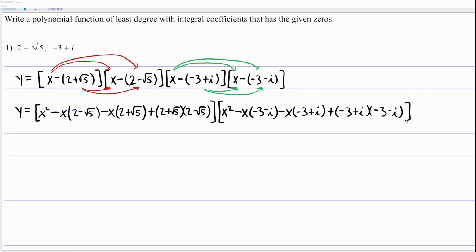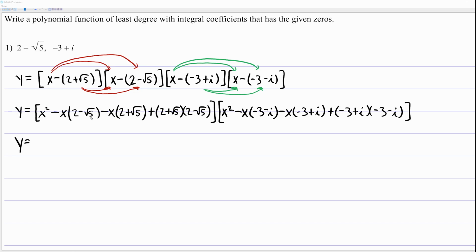So that's a lot of stuff. Luckily, at the next step, a lot should cancel. It shouldn't look nearly as bad as you are thinking it might. So let's see. If you were to distribute, you'd have negative x times 2. So that's negative 2x. But when you distribute here, you have another negative 2x. So that's going to end up being negative 4x, which I'll write down in a minute. If you were to distribute, you have negative x times negative square root 5.